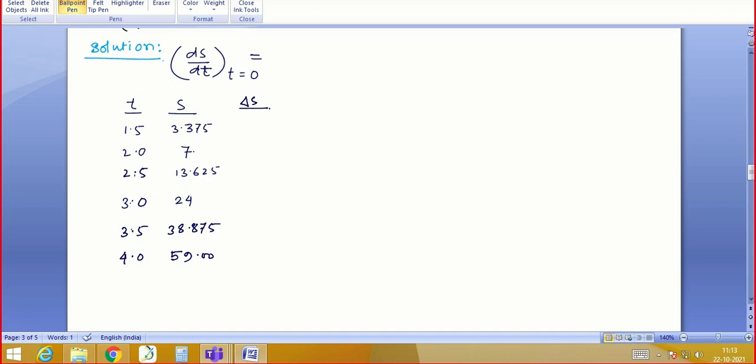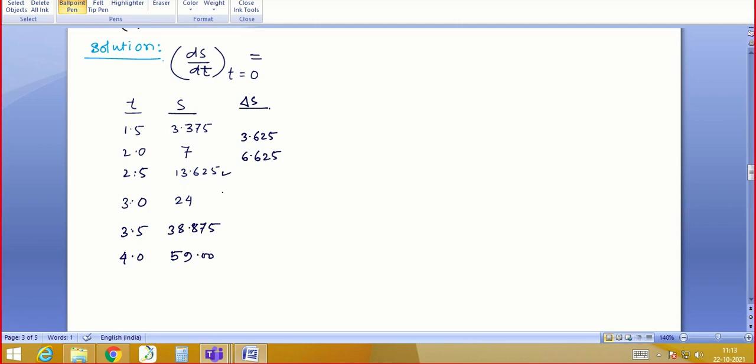Subtract this one from this: 7 minus 3.375 is 3.625. 13.625 minus 7 is 6.625.